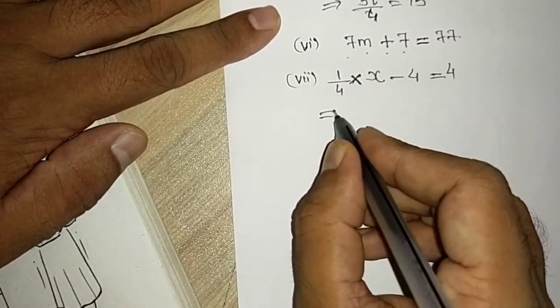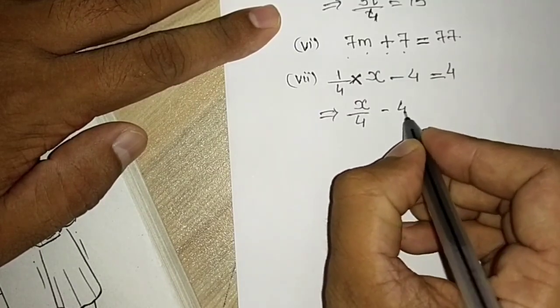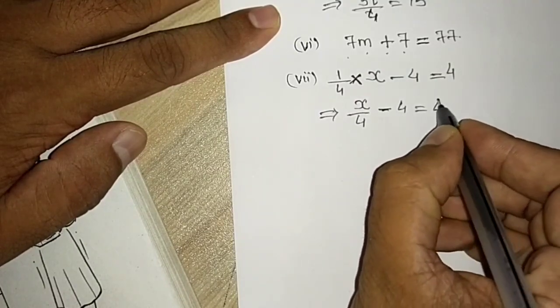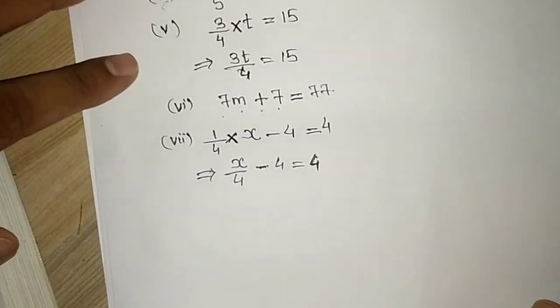Now you will multiply. 1 into x will be x divided by 4 minus 4 is equal to 4. This is our equation. Very easy to write.